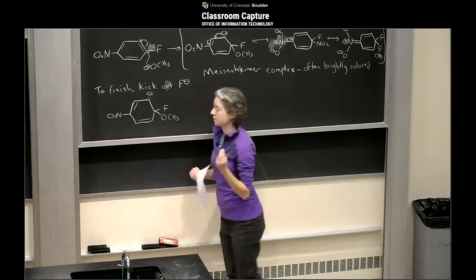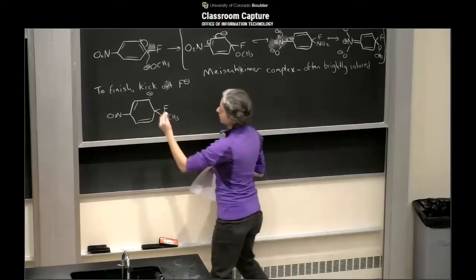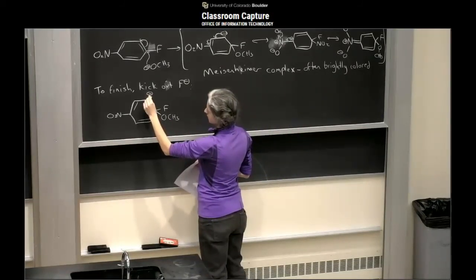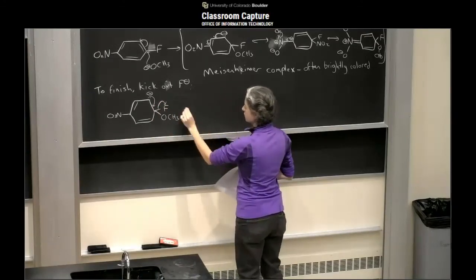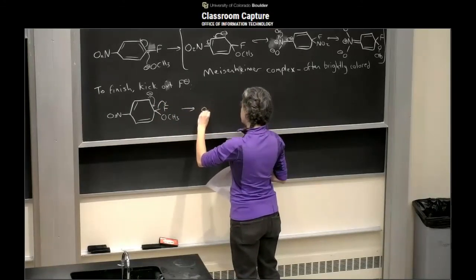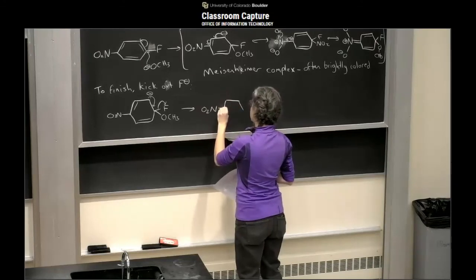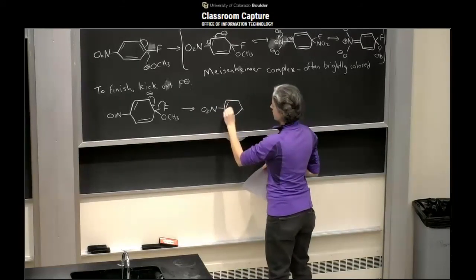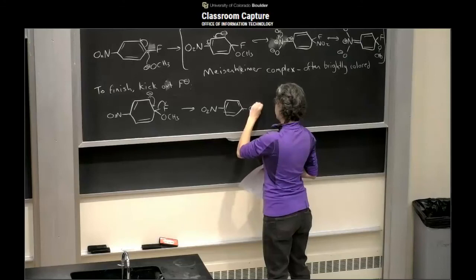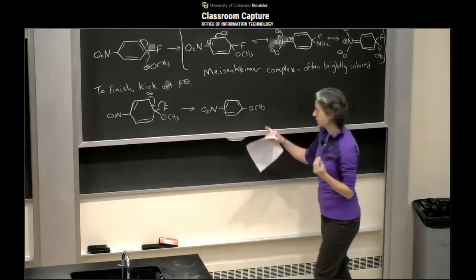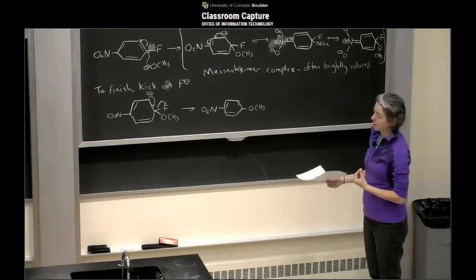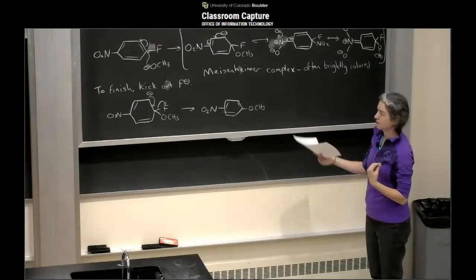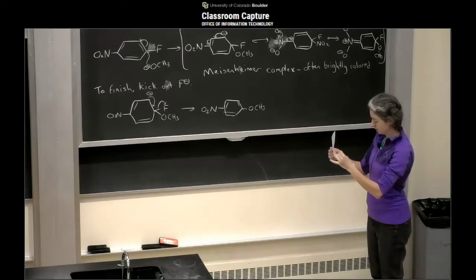Okay, so let's do it from this one. So we can just kick down here and boot out the fluorine leaving group. And that gets us our aromaticity back. And we've swapped out our halogen for what came in as a nucleophile. But we didn't do it by SN1 or SN2. We did it by this new SNAr reaction.